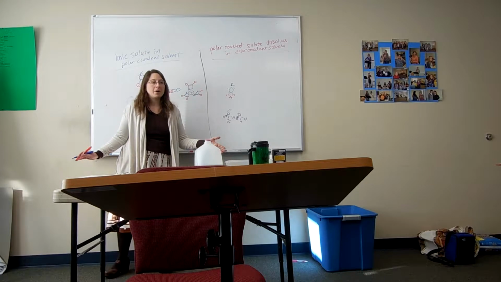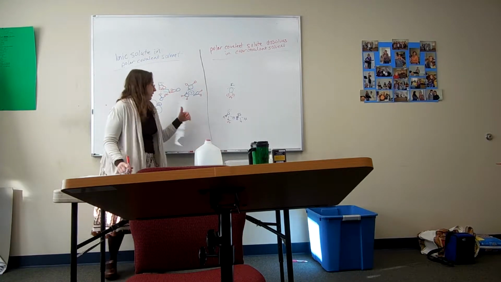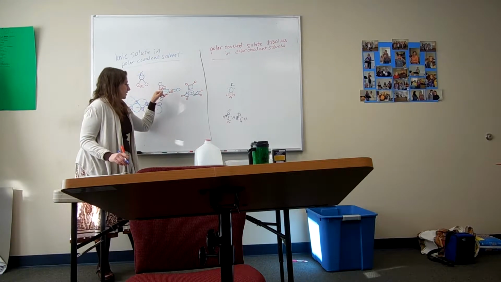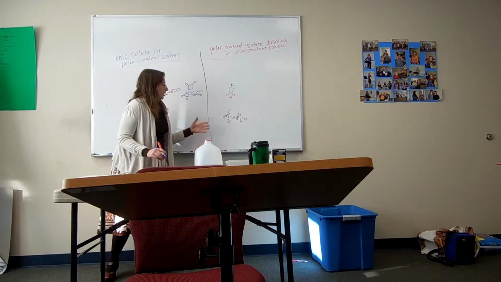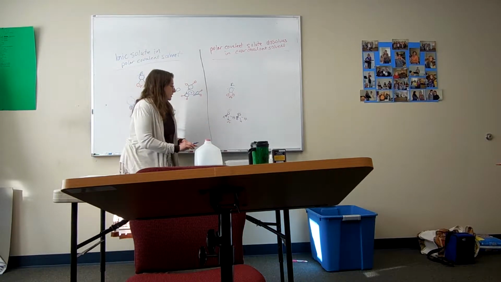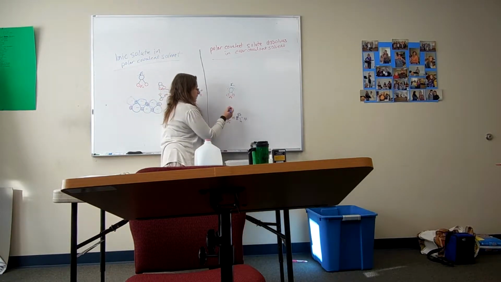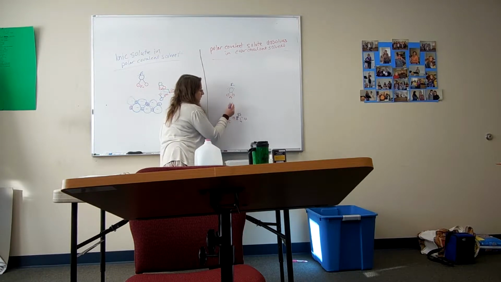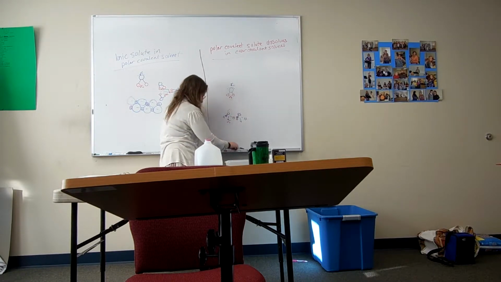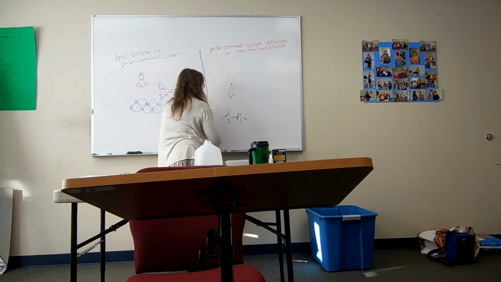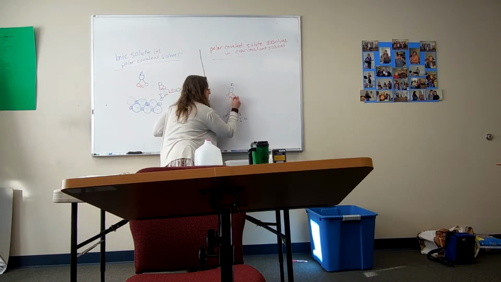They do not break apart, right? This breaks into 2 ions, a sodium and a chlorine. This does not break into ions. It stays a PH3, but its partially negative end is going to hang out near the partially positive end of water, like that.